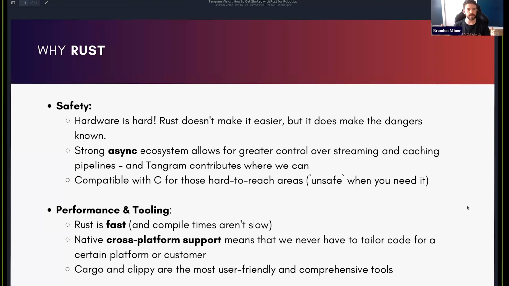The very first thing is safety. I'm probably preaching to the choir here, but it's worth reiterating because, again, when we adopted Rust at Tangram Robotics, now Tangram Vision, none of us had ever programmed in it before. We had never used the ecosystem. So these were all just promises we thought it could keep. Safety is first and foremost. Hardware is hard. Rust doesn't make hardware easier, but it makes the dangers known. And this is 90% of the problem with the ecosystem at large in any other languages.